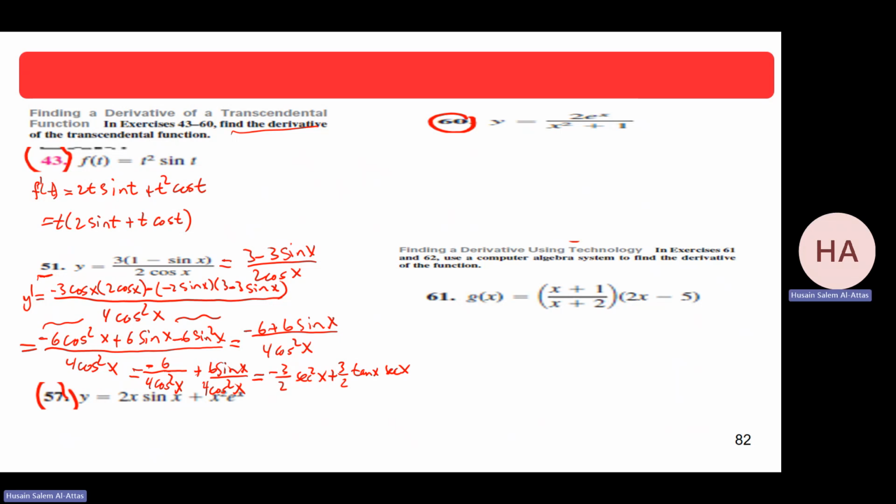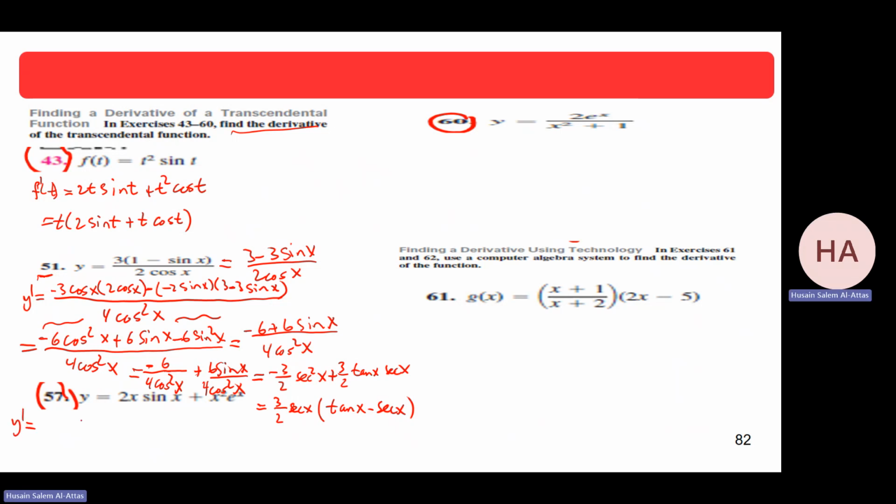And I can take 3 over 2 as a common factor and secant x also as a common factor. The remaining is what? Tan x minus secant x. I can write minus secant plus tan or tan minus secant x. Yeah, I think this is the simplest way we can rewrite it. Problem 57, which is an easy one.